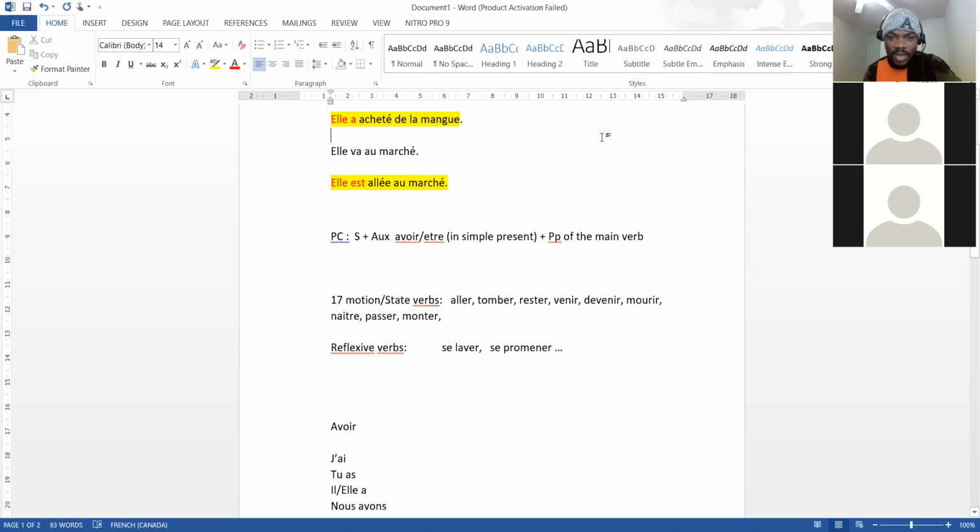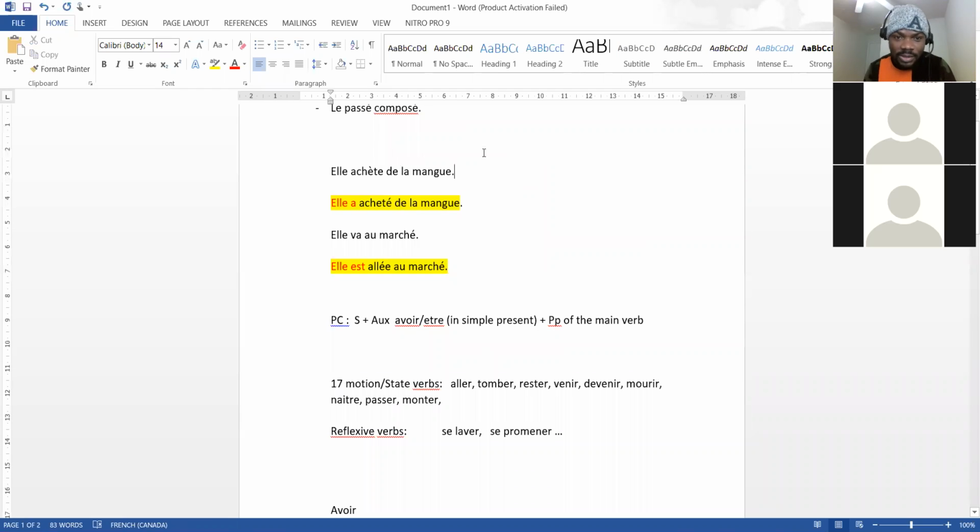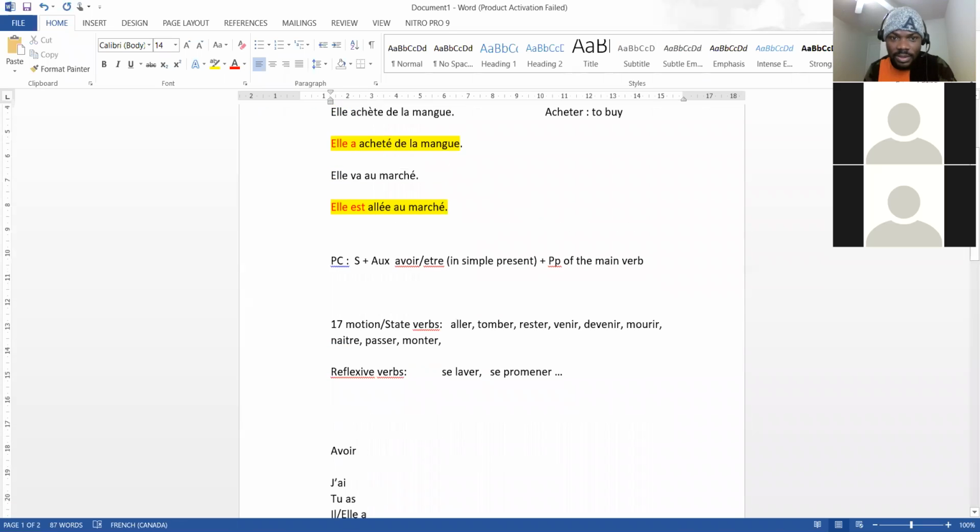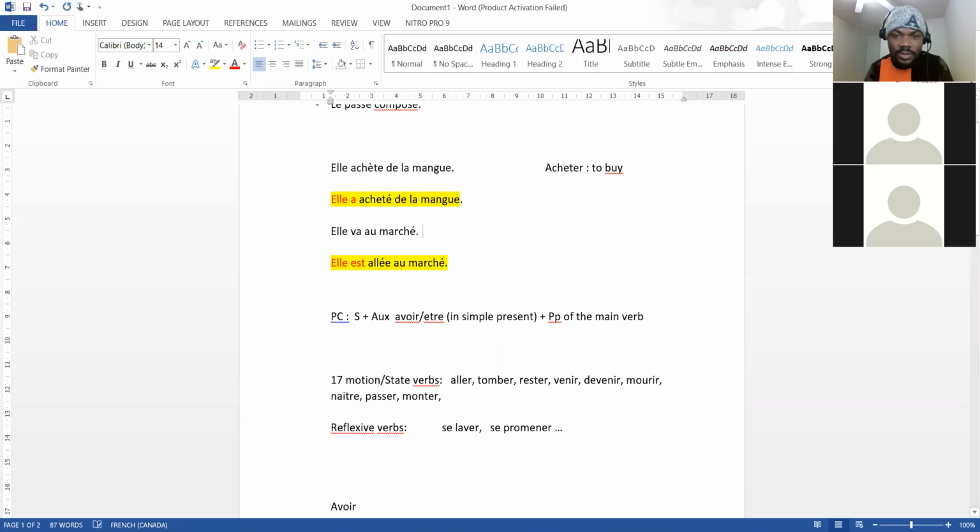Now here, the main verb, elle achète, the verb is acheter, to buy. While in this sentence, elle va au marché, the verb here is aller, which is to go.